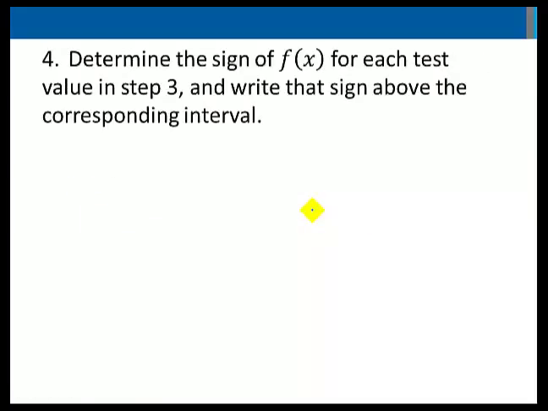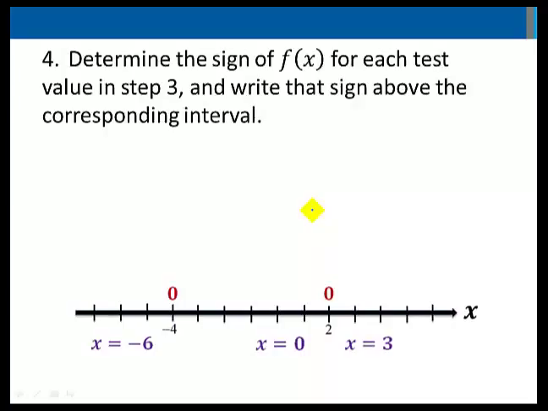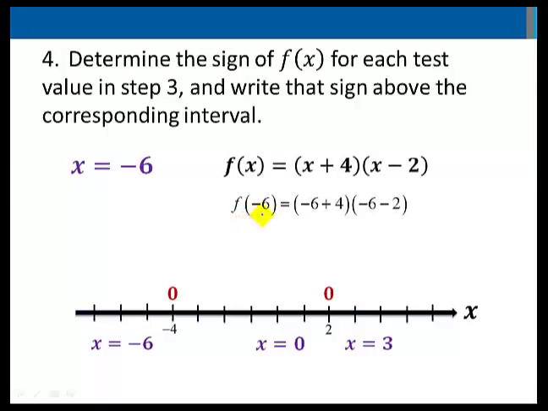Let's next determine the sign of f of x for each test value and write that sign above the corresponding interval. So here we have our number line with our 3 intervals, and I will start with the first interval in which I have a test value of x equals negative 6. To determine the sign of f of x in that interval, I will find f of negative 6, which is equal to negative 6 plus 4 times negative 6 minus 2.